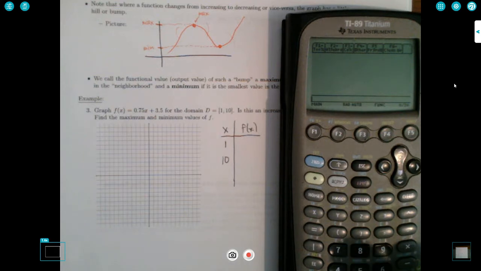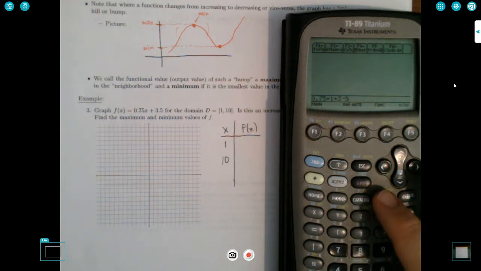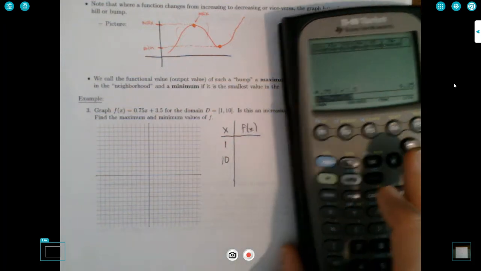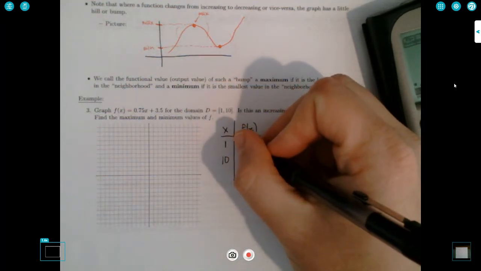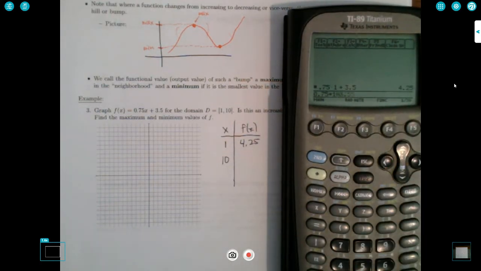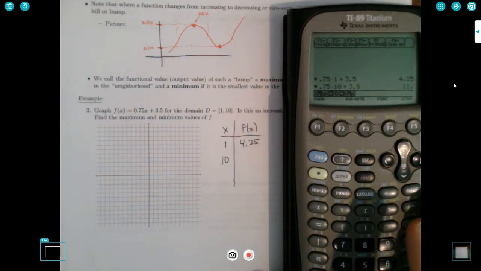So I'm going to have 0.75 times x, which is 1 in this case, plus 3.5. That's 4.25. And when I plug in 10, I get 11 on the money.